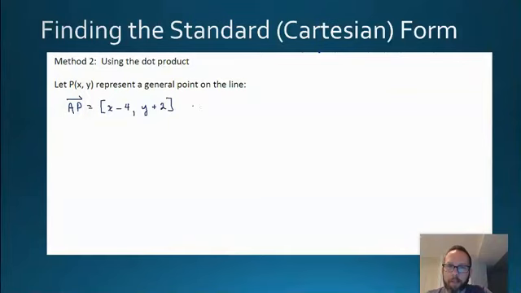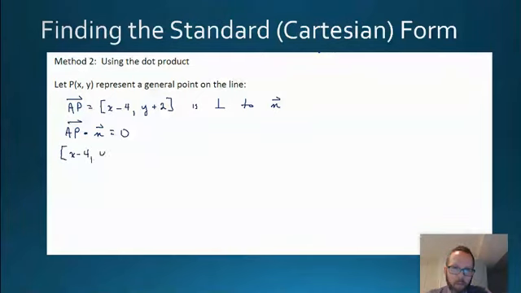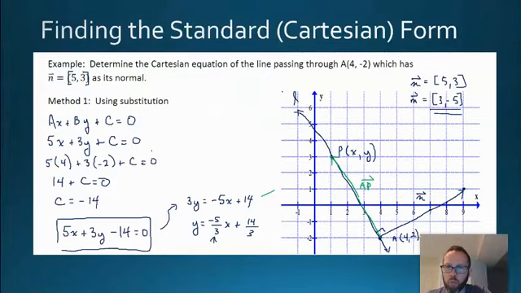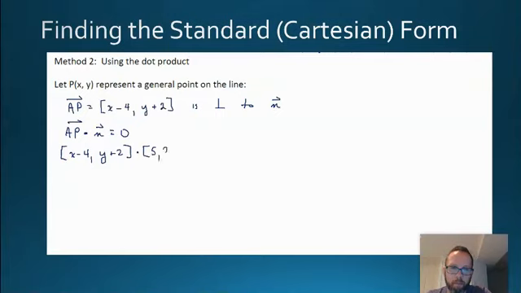That vector AP is going to be perpendicular to N. I like using an upside down T to say perpendicular if I'm feeling lazy and don't want to write it out, which is the case today. So we know that AP dotted with N has to be 0. They're perpendicular. So we have x minus 4, y plus 2, dotted with our normal, which was 5, 3, equals 0.